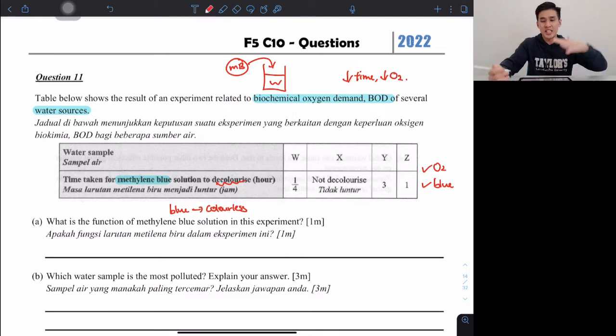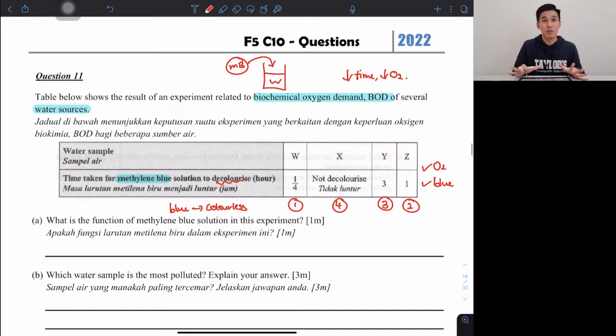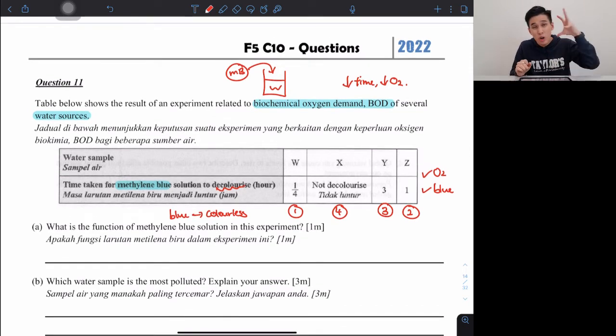Now remember, oxygen less means more polluted. So this one is number 1, and Z is number 2 because it used 1 hour, and Y is number 3 because it used 3 hours. And the X actually is the cleanest one because it does not decolorize. Meaning there's so much oxygen to the point whereby it keeps on remaining blue color. So this actually is the cleanest of all.